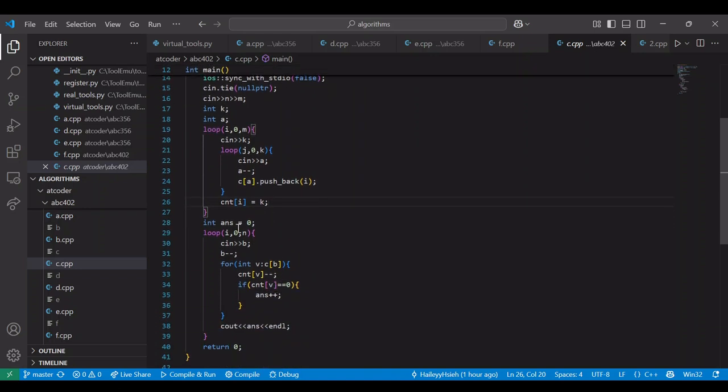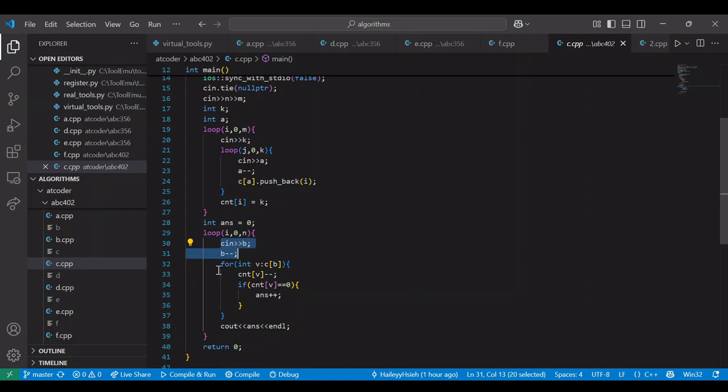And then we loop through the order that Snook overcomes his dislike of the ingredients. So for each ingredient B, that is the ingredient that he currently stops disliking.